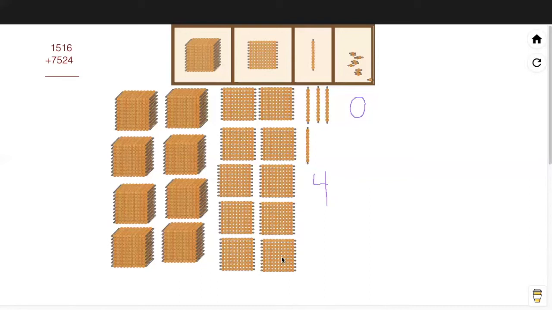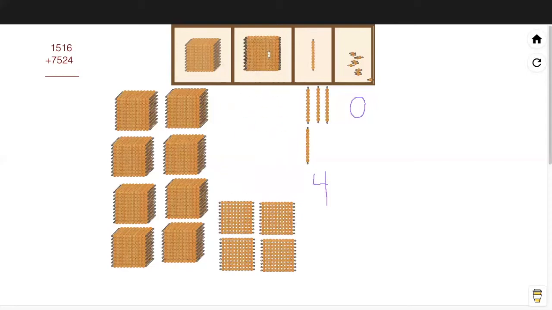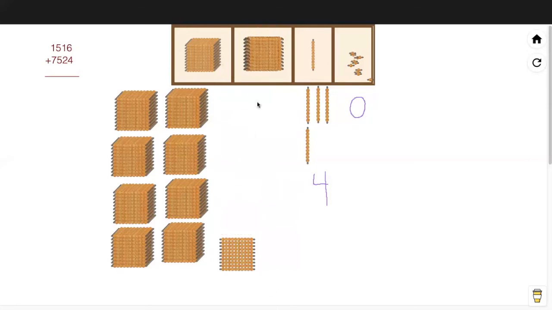I have to take 10 100s away and get out 1 1000, right? Okay, so let's, together with your beads, let's count 10 100s and put them away. 1, 2, 3, 4, 5, 6, 7, 8, 9, 10.